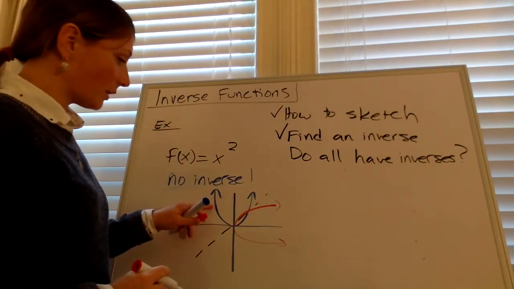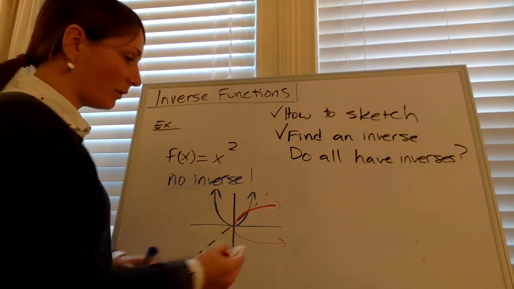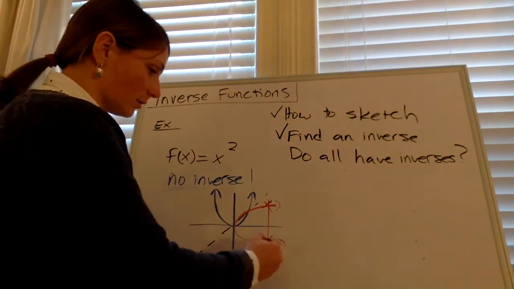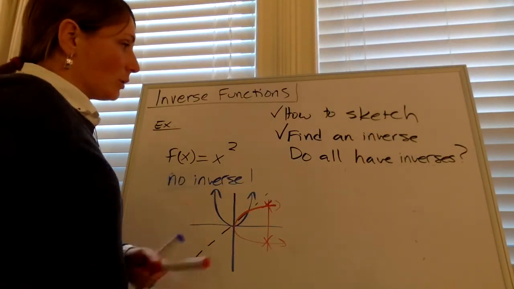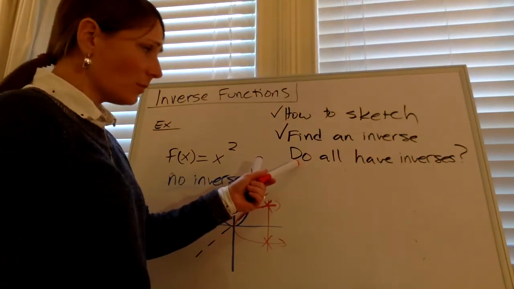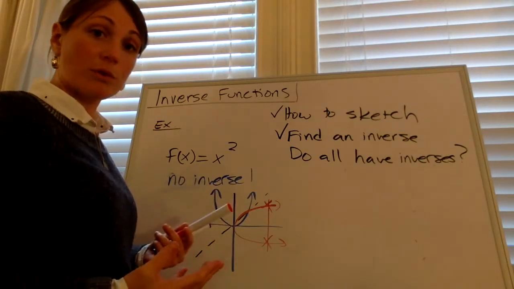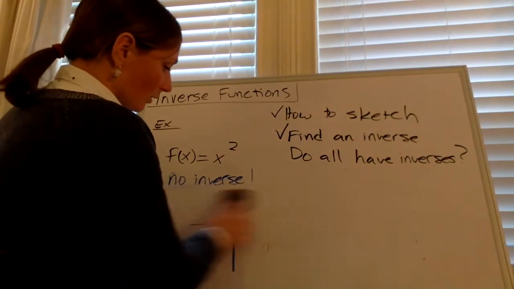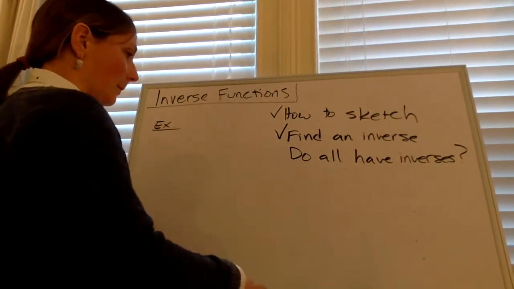So the blue curve is x squared, and this is its reflection, which is not root x, but furthermore, it's not a function. Okay. So the only functions that have inverses are ones whose reflections are also functions. So there's a whole bunch of functions out there that don't have inverses.